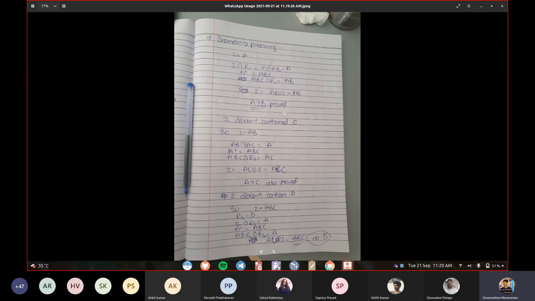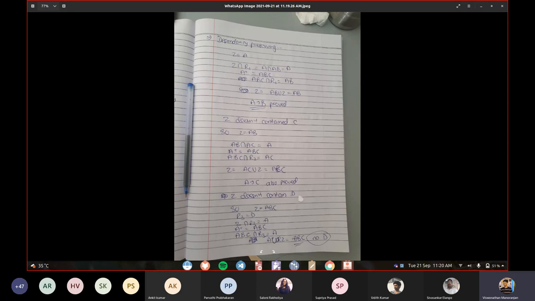So A gives B is proven. But Z doesn't contain C yet. So we take Z equal to AB, and then we take R2 as AC. AB intersection AC is A, and A closure gives ABC again. ABC intersection R2 will give AC. Updating Z, AC union Z is equal to ABC. So A gives C is also proven.